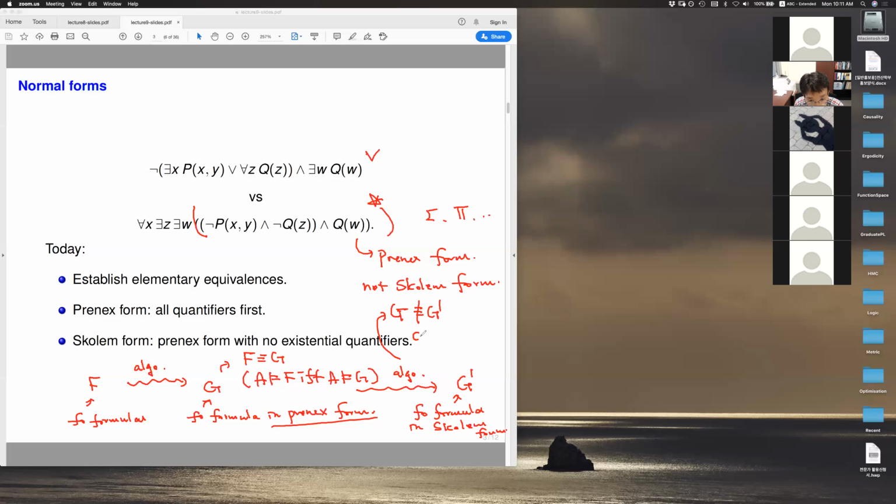So G is satisfiable if and only if G prime is satisfiable. So this second algorithm is going to be a satisfiability preserving transformation. Okay, so we'll look at the first and the second.